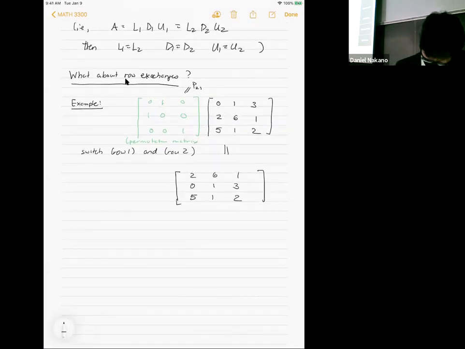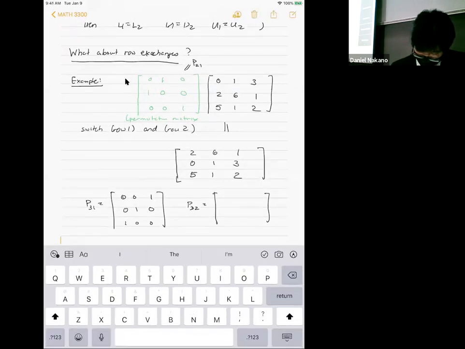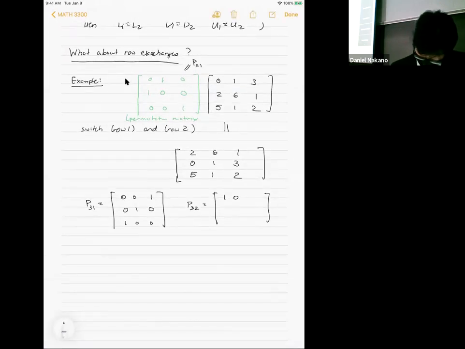And if you want P31, we interchange rows 1 and 3. What do you think we do? We take 0, 0, 1, 0, 1, 0, 1, 0, 0. And then if you want to do rows 2 and 3, we'll call it P32. We keep the first one the same, 1, 0, 0, and then 0, 0, 1, 0, 1, 0. Okay, so these are other permutation matrices.